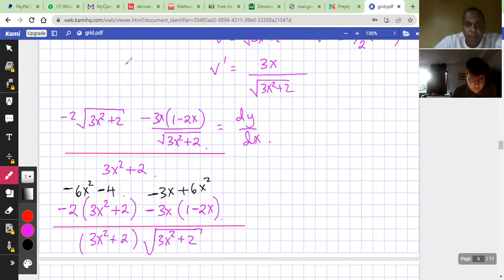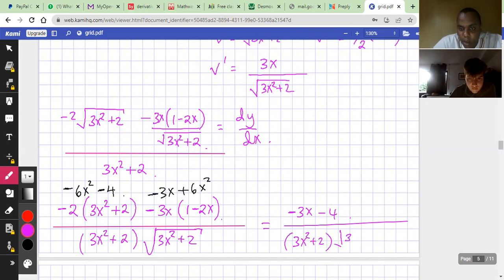Yes. So in the end, we can say that this is going to be negative 3x minus 4 divided by (3x squared plus 2) times the square root of 3x squared plus 2, like that. And this is going to be our final good looking dy/dx.